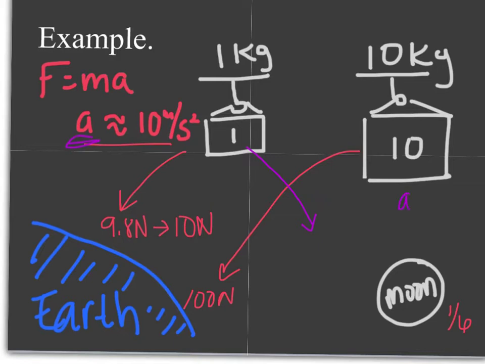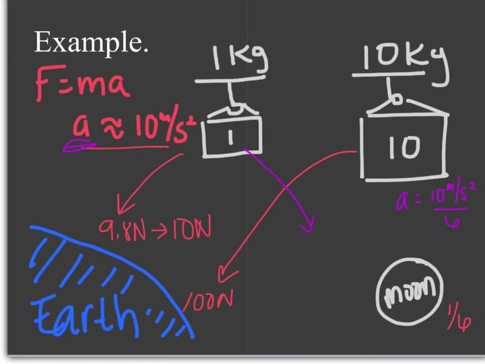And that acceleration due to gravity is 1/6 of what it is on the Earth. So we take our 10 meters per second squared and we divide it by 6. And that gives us an acceleration of 1.67 meters per second squared.